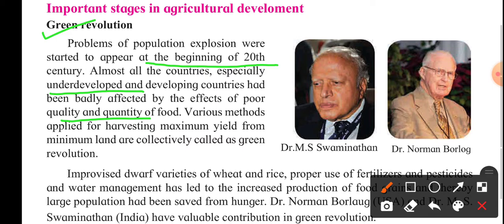So various methods applied for harvesting maximum yield from minimum land are collectively called the green revolution. In a small area, to produce a larger amount of harvest, that was the main aim under the green revolution.